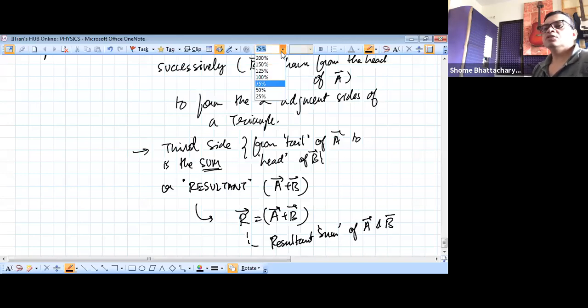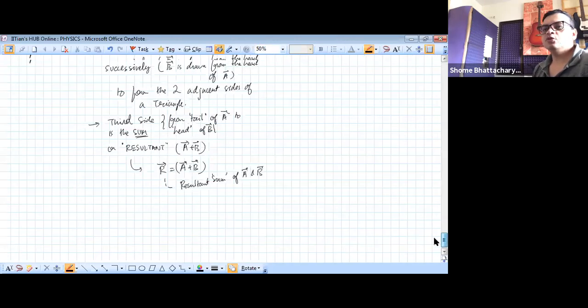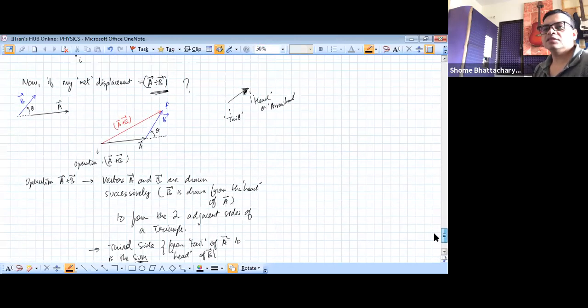Okay. So just make a note of this diagram and please ask me if there's any doubt about how to draw the vector triangle given these two vectors.